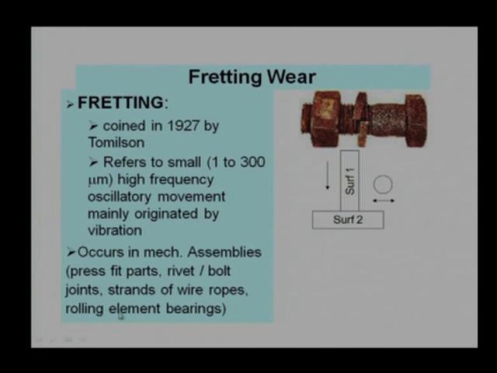We are saying that this kind of failure generally occurs in assemblies. There are a number of possibilities: it can be a press fit, a coupling, a riveted joint, or a bolted joint, where there is a possibility of micro slip. So, we have studied the friction mechanism, static and kinetic coefficient of friction.